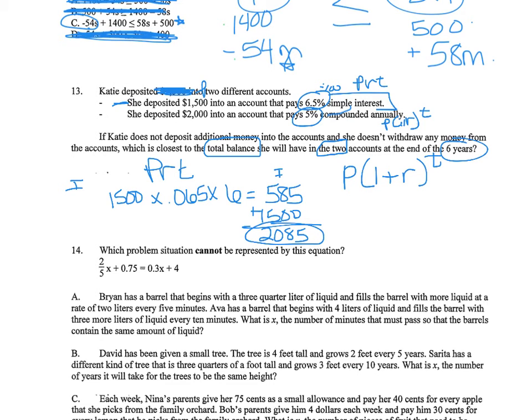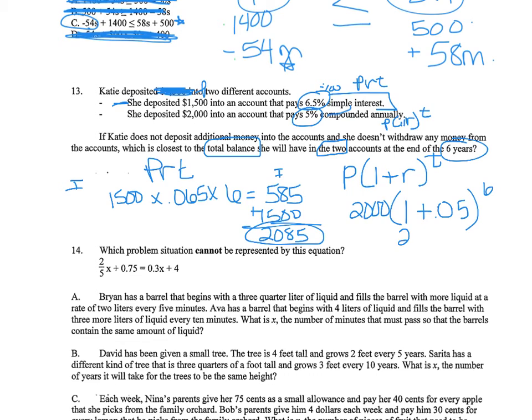Now I'm going to do the second account with the compound interest. So 2,000, open parentheses, 1 plus the rate, which was 0.05, because I divided it by 100, and then 6. When I do this formula in the calculator, I'm actually getting the total already.